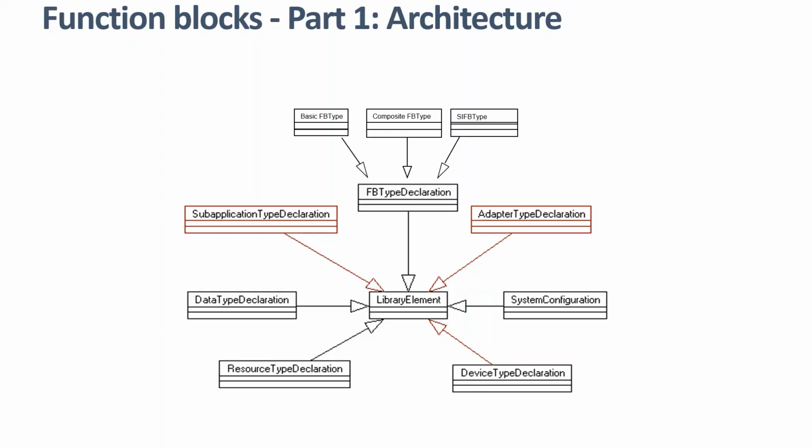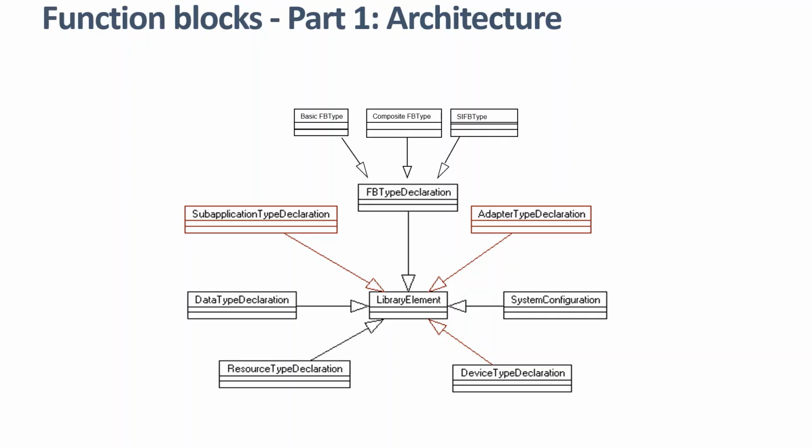On this screen, you see the library elements that are defined by part 1, architecture, of the standard. These include function block type declarations over here: these three function block type declarations are basic function block types, composite function block types, and service interface function block types. In addition to function blocks, which are the main component concept of IEC 61499, there are structures which can be built from function blocks: sub-application type declaration and system configuration.